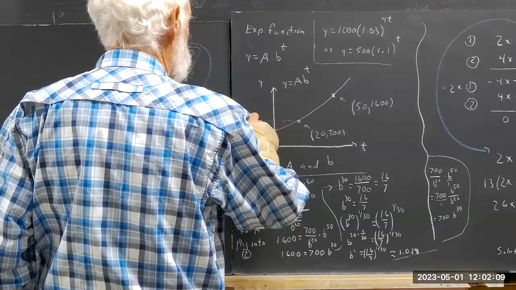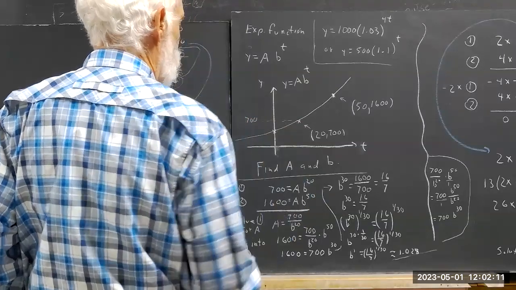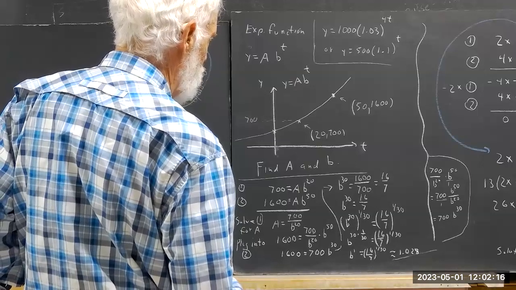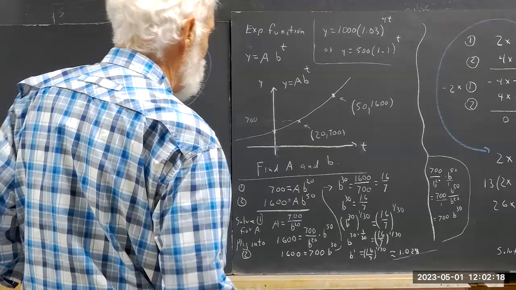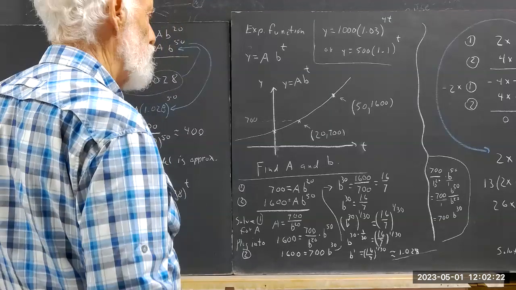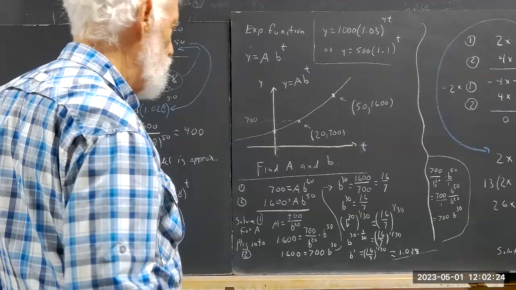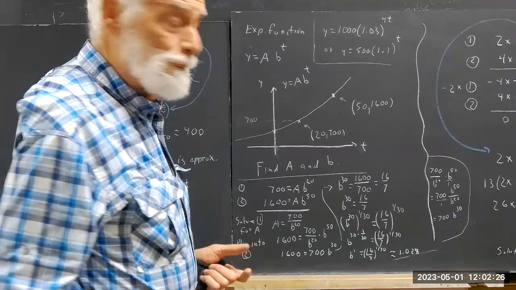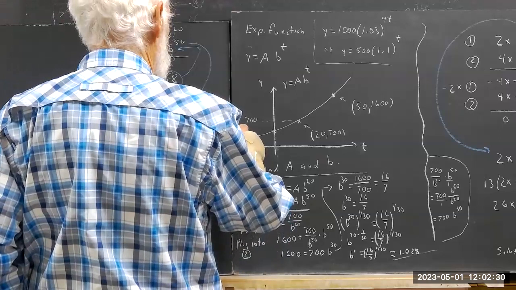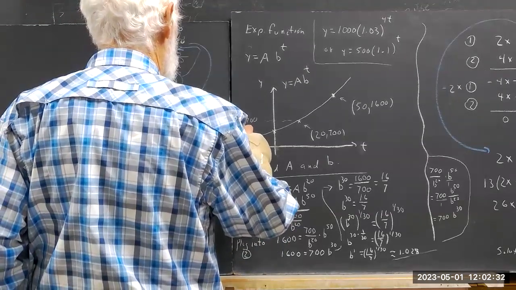If this is 700, well, it isn't too bad. It looks like this is more than 400, less than 500. I would estimate from the graph maybe 450, but maybe I would estimate 400. Not too bad.